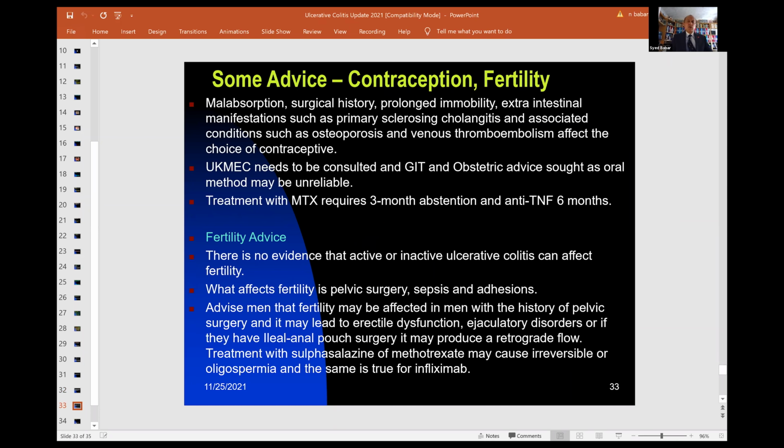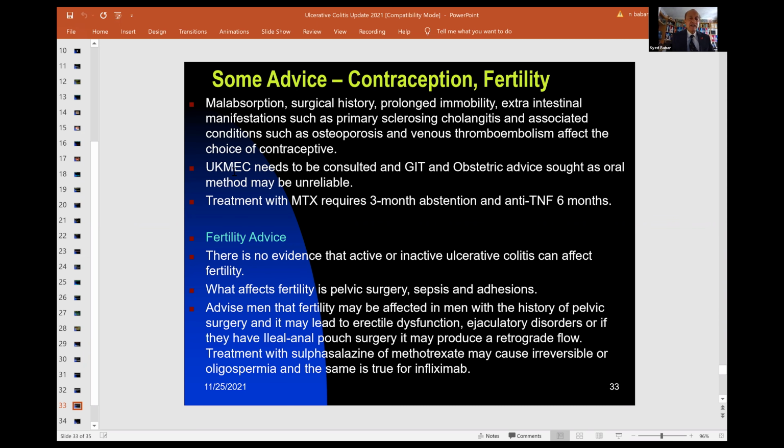Sometimes advice is sought when a woman of fertile age suffers from ulcerative colitis and needs contraception. So there are various kinds of advice, and there would be increased risks of thromboembolism with some choices of contraceptives.